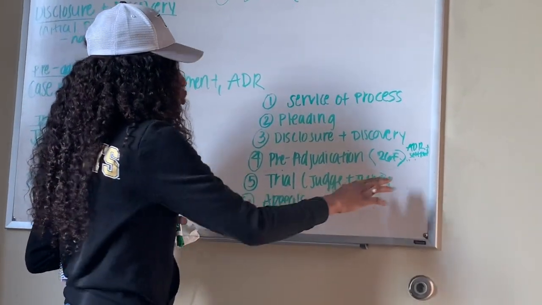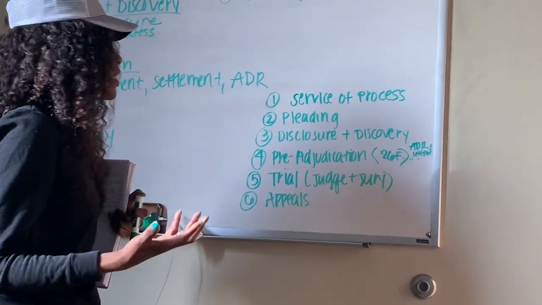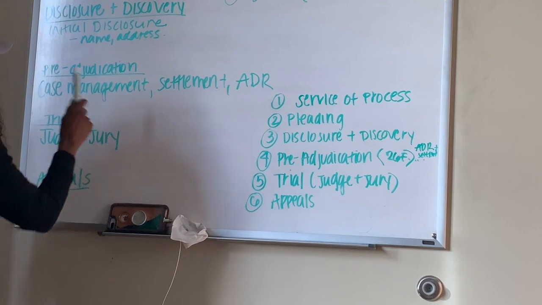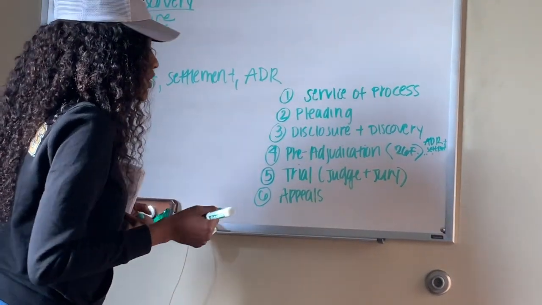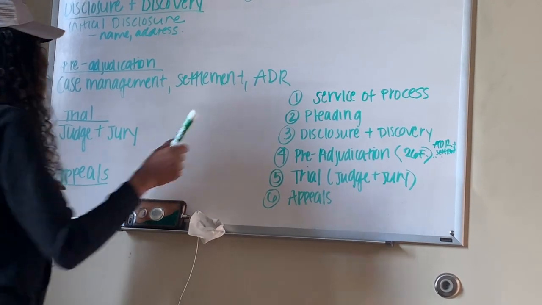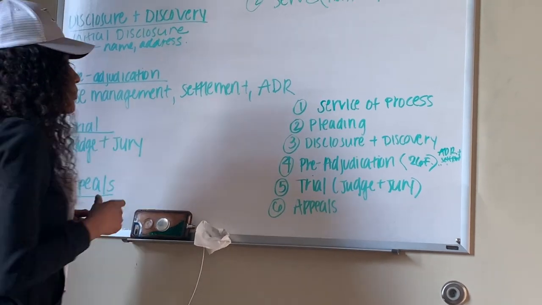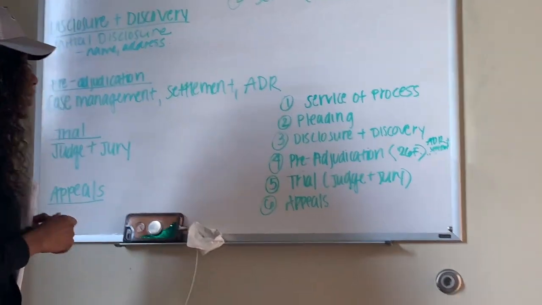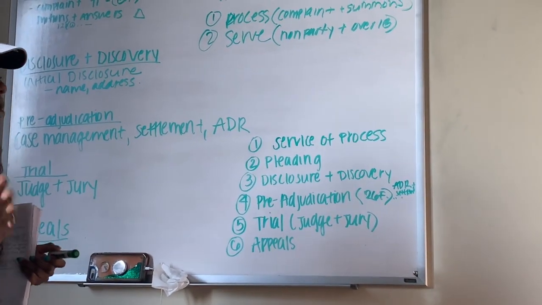But before you get to trial, the courts usually try to have the attorneys meet up and try to settle things. So they might do case management, where you get your 26F conference, where the lawyers have to meet with each other and try to come to agreement on certain things from discovery. They can try to settle the case so they don't have to take it to court, or go to ADR, which is alternative dispute resolution, like mediation and all that.